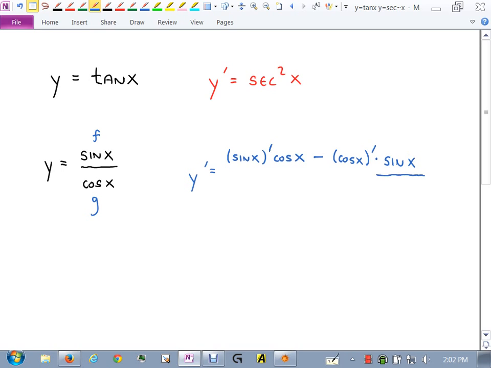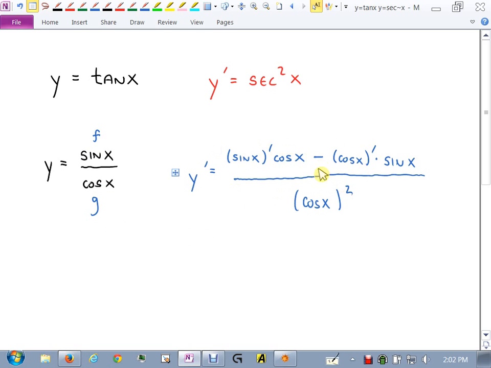All of this divided by the cosine on the bottom squared. That is the application of the quotient rule onto this quotient, f being the top, g being the bottom.